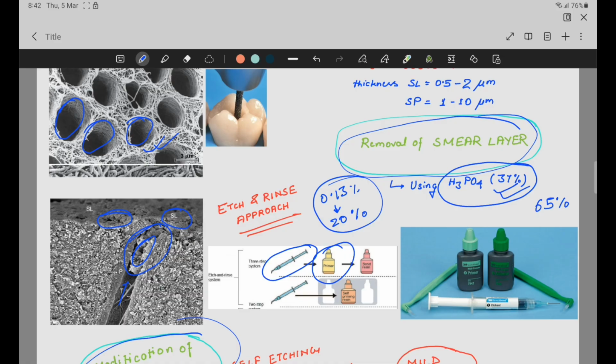With this method, the smear layer is completely removed, so it doesn't get in the way of bonding, and since everything is fully cleaned off, we are able to get stable resin tag-like structures. However, over time, studies have shown that the collagen in the dentine breaks down faster with these etch and rinse systems compared to self-etch systems. This is probably because the strong acid removes more of the dentine's structure, exposing extra collagen fibers.